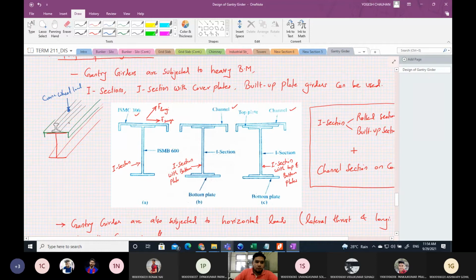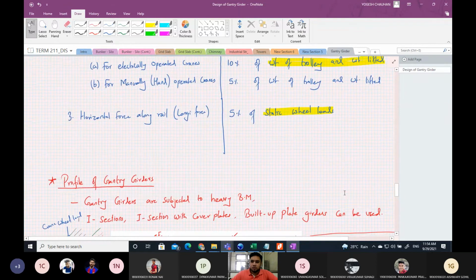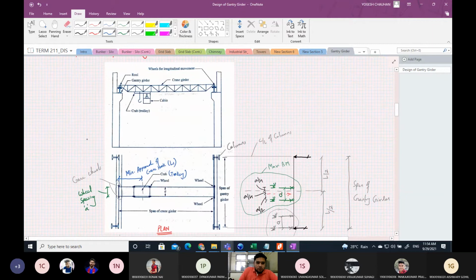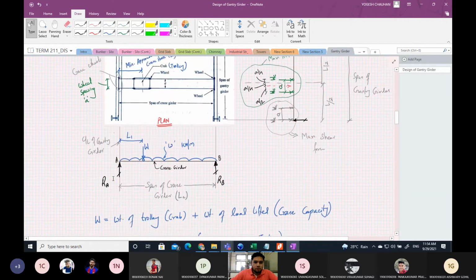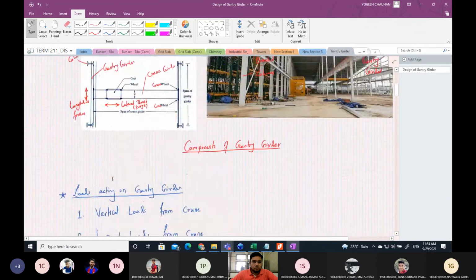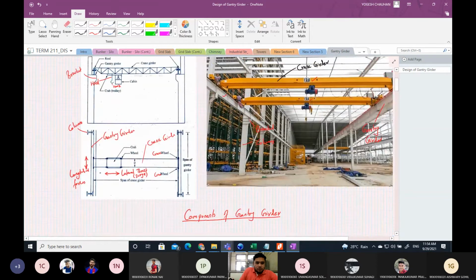So the relative displacement means this rail should not deflect because of the surge force. Okay, the surge force is the lateral thrust.